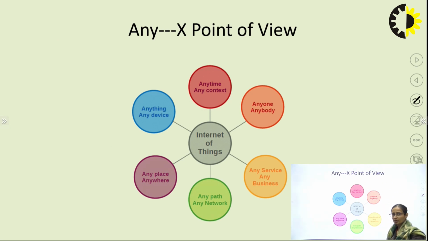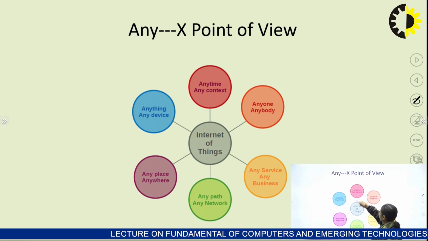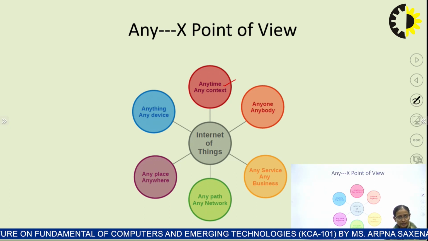Another important thing to understand in IoT is the any-X point of view. That is, with IoT you can get any-X point of view. What does it mean? It means that with IoT devices, the processing can be done anytime and in any context. It can be used by anyone, anybody, any service, any business.